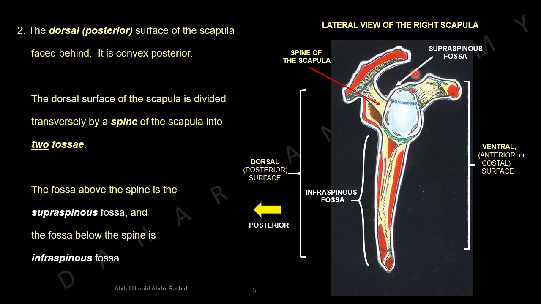So this is supraspinous fossa and this is infraspinous fossa on the dorsal surface of the scapula. Supra means above and infra means below. That means one is above the spine and another one is below the spine.